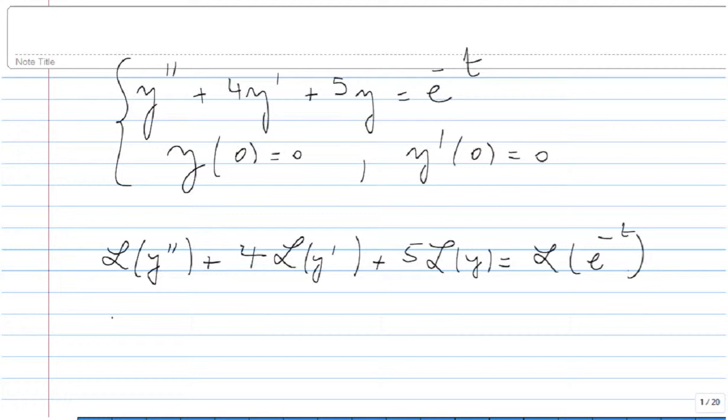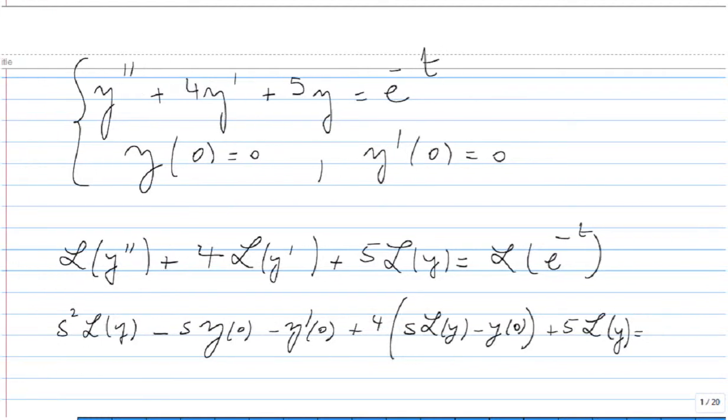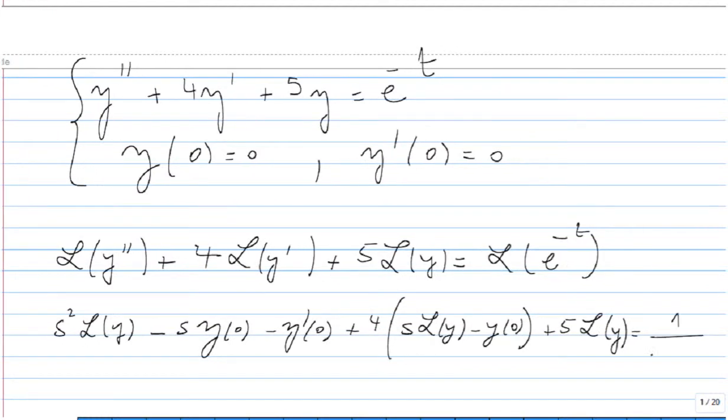So Laplace of y double prime is s squared Laplace of y minus s y of 0 minus y prime of 0, plus 4 times Laplace of y prime, which is s Laplace of y minus y of 0, plus 5 Laplace of y equals Laplace of e to the minus t, which according to the table is 1 over s plus 1.